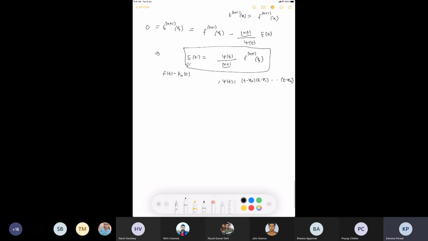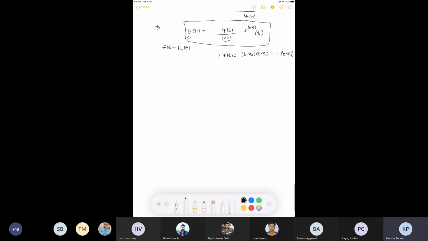So what we have seen is that if we are given the xi's and the corresponding function values, let's call them yi's, then we can find the interpolating polynomial, and we have also found how the interpolation error will look.